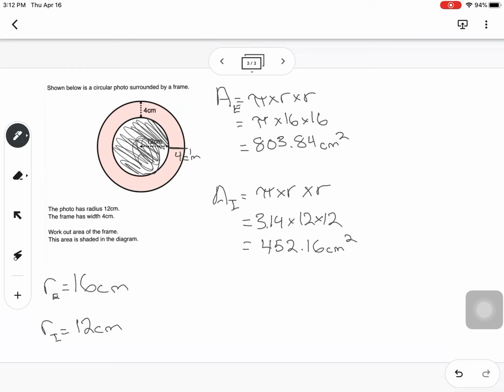Now we're not quite done because we have the entire circle up here and the inside circle down here. So how do we get just this outside rim? The way we do that is we take the entire circle and we cut a hole in it, or subtract this inside circle.